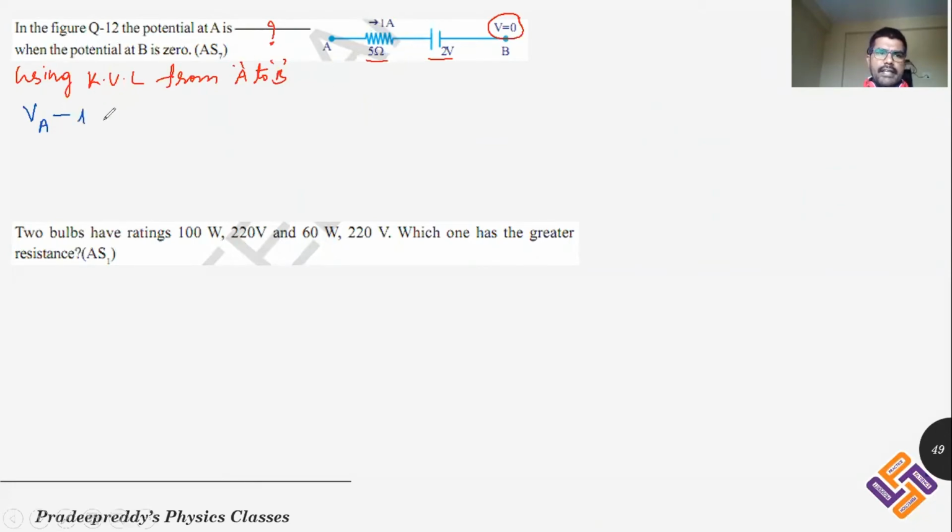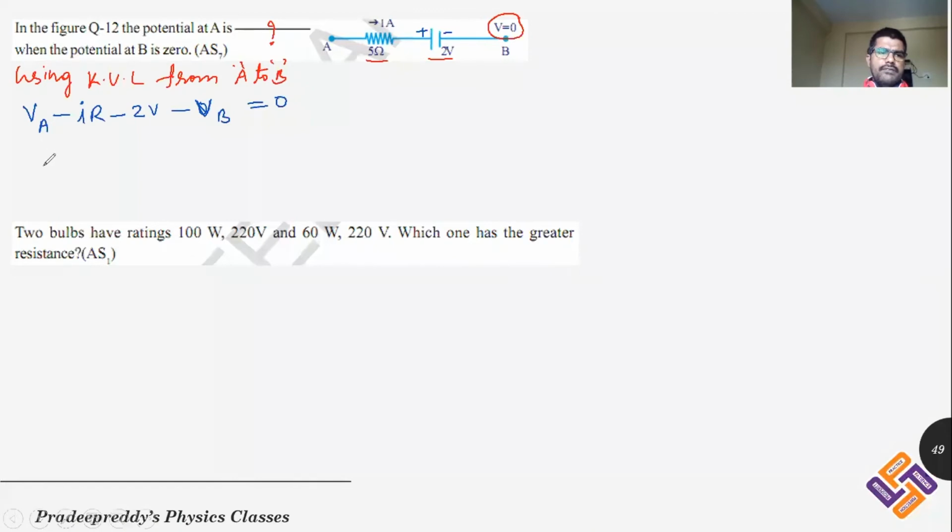VA minus IR, and you are going from positive terminal to negative terminal of the battery. Therefore, it is minus 2 volt minus voltage at B, which is given as 0.